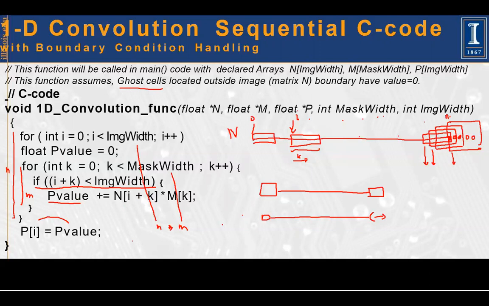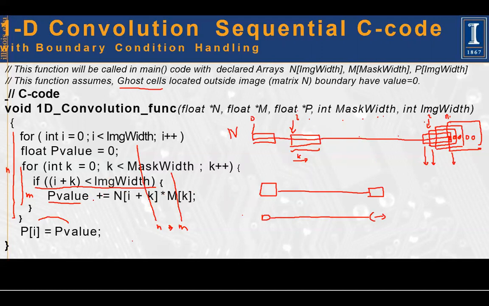What is I plus k? Whenever I put a mask, here is I. And when I carry out a computation, I use index k. So all my elements are I plus k. What I'm saying is, if my data index, when I carry out the I plus k action, falls out of range and gets into the ghost cell zone, I don't carry out this action.